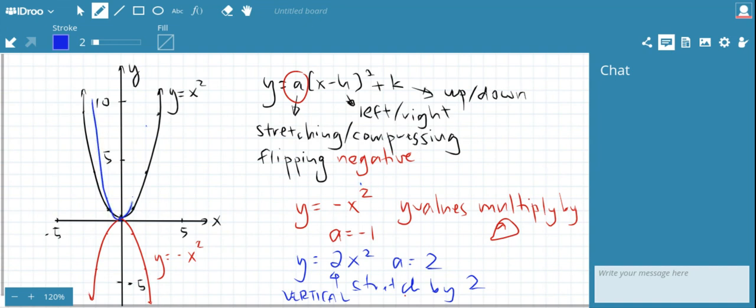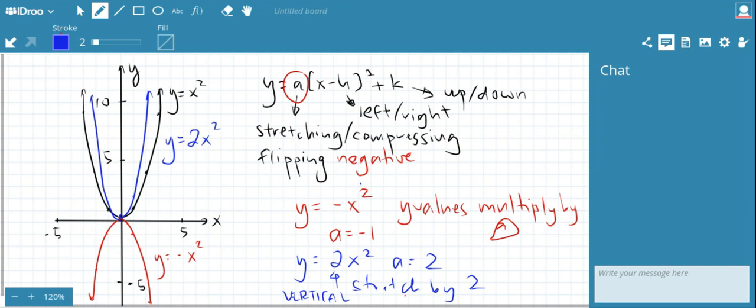We usually want to have about 5 points, so you can see I've got 1, 2, 3, 4, 5. You need at least 5 points. y equals 2x squared, I'll label it. And that's it. You can see it's skinnier because it's getting stretched upwards. So that's a vertical stretch.